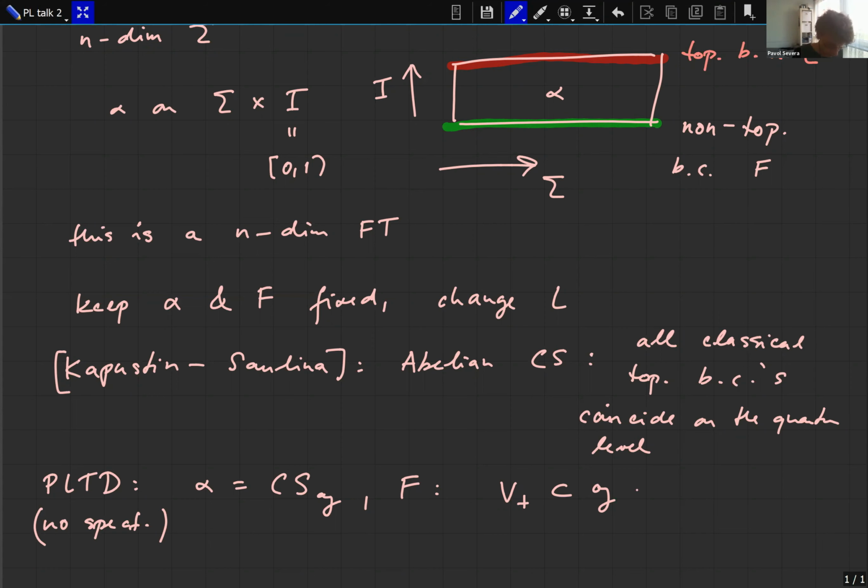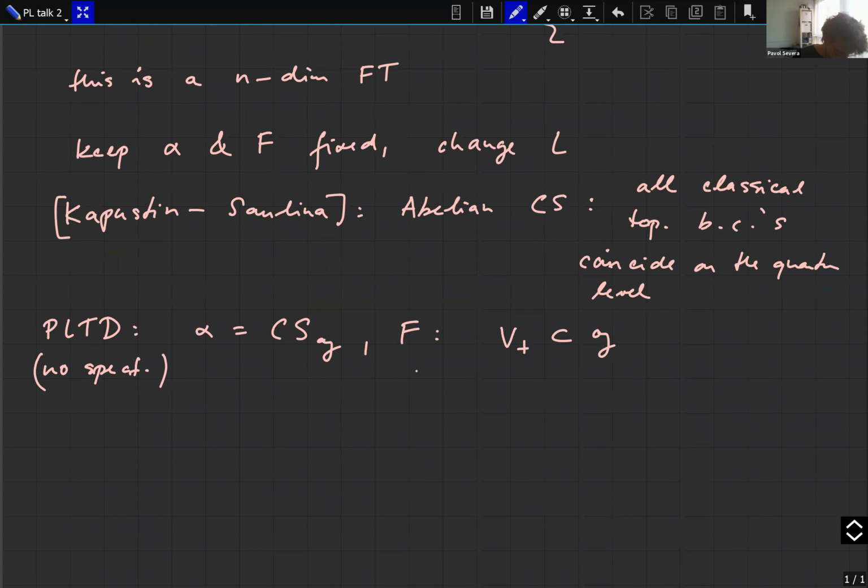And the condition is that A sits in Omega^{1,0}(Sigma) with values in V plus, and Omega^{0,1}(Sigma) with values in V minus.